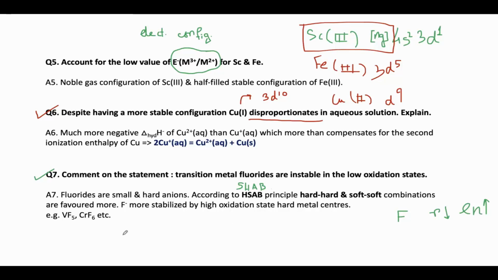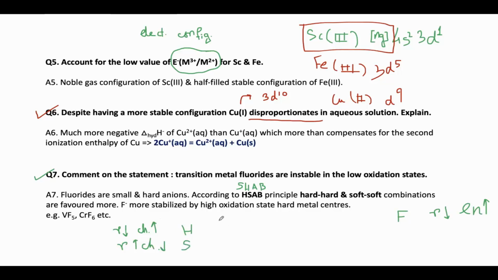When the center is smaller in size, when the radius is small and the charge is high, then it is a hard species. And when the species radius is high and the charge is less, then it is a soft species.